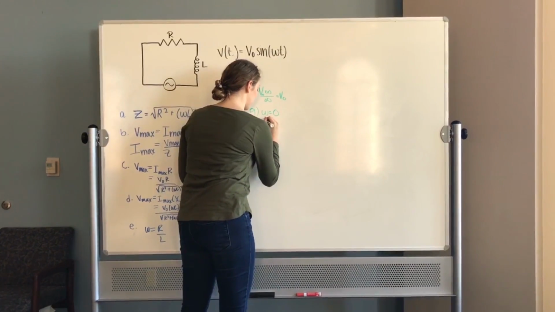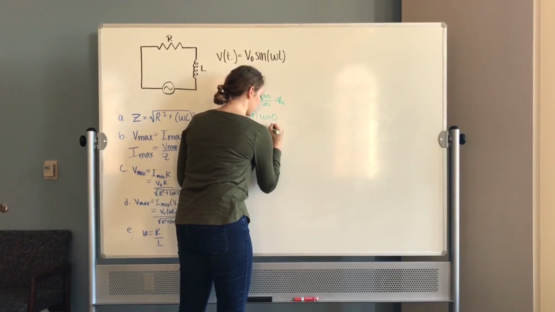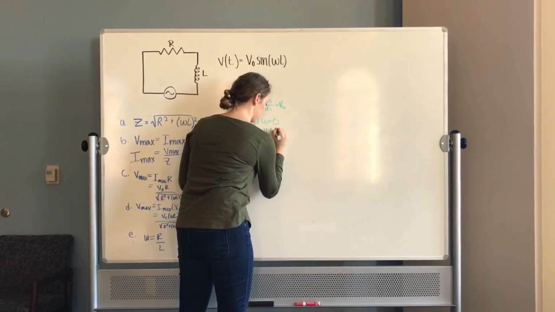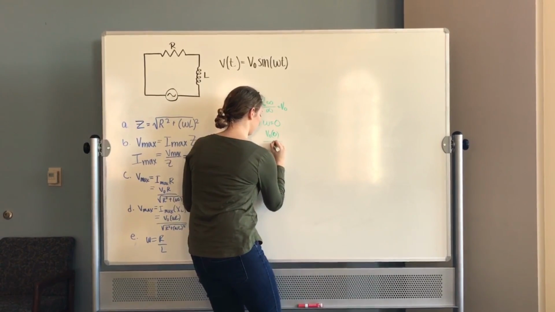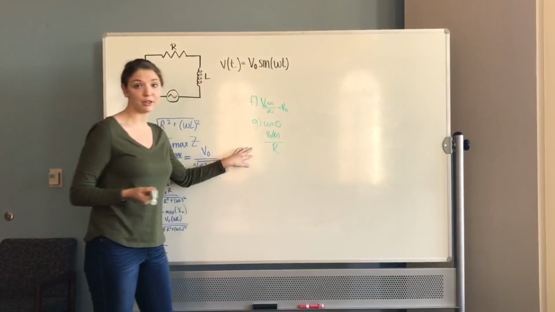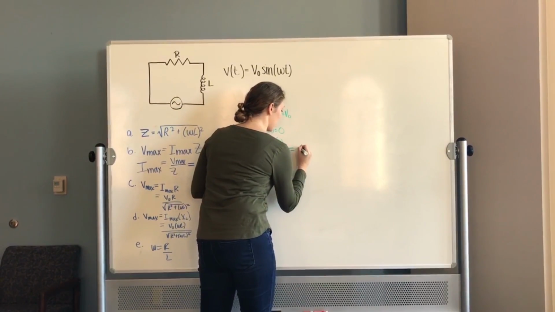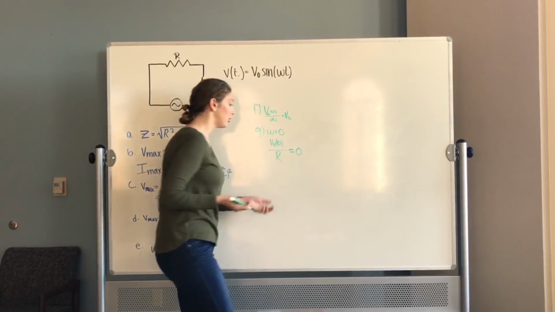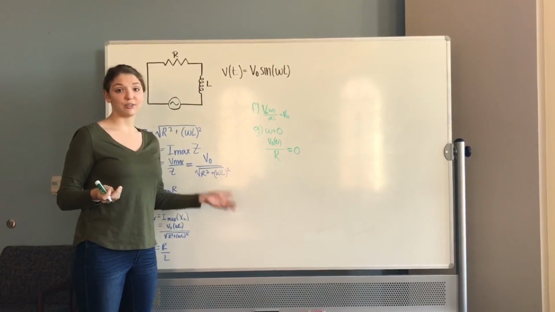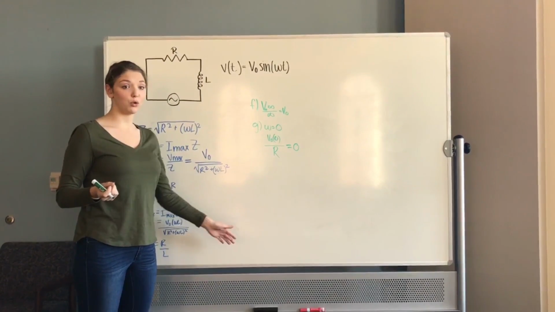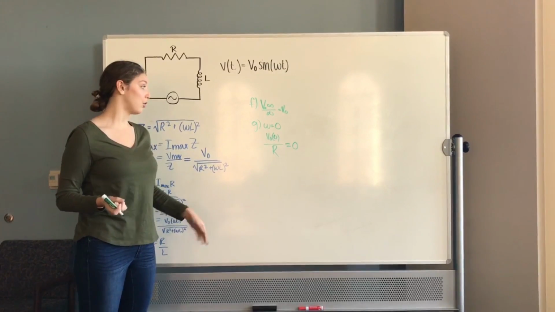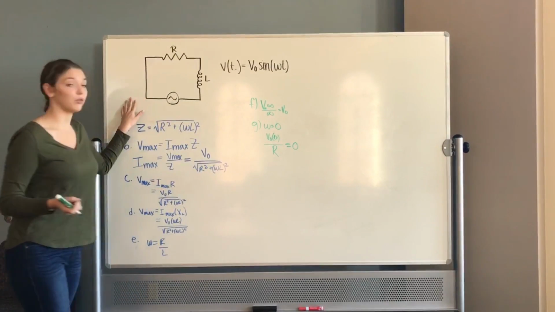So in this case, we get Vmax times 0 over R. However, because we have a 0 in the numerator, we then will get a voltage of 0. So as the angular frequency decreases to the lowest value it can get, 0, we get 0 voltage through the circuit.